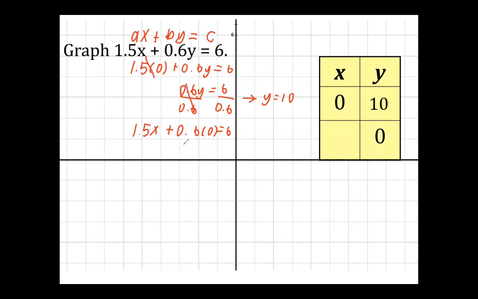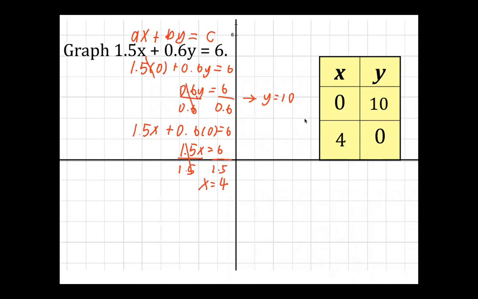So you're left with 1.5x equals 6. Divide both sides by 1.5. 1.5 cancels and you're left with x equals 4. So your x-intercept will equal 4.